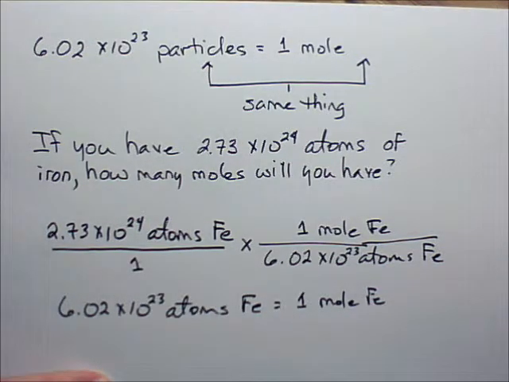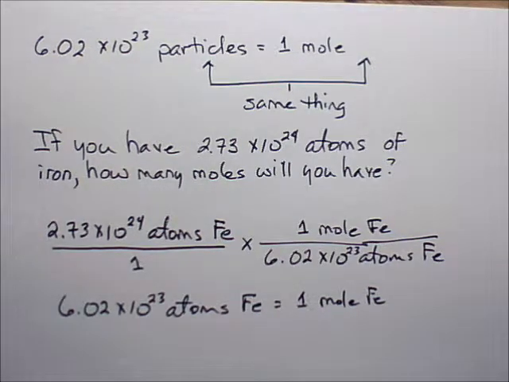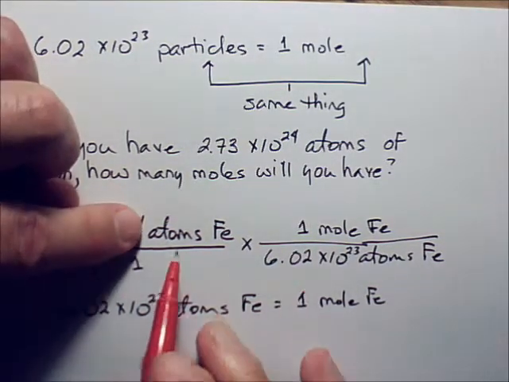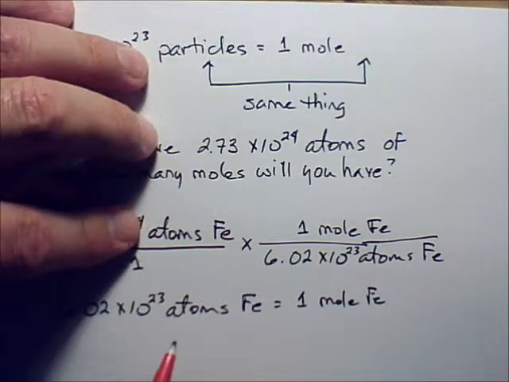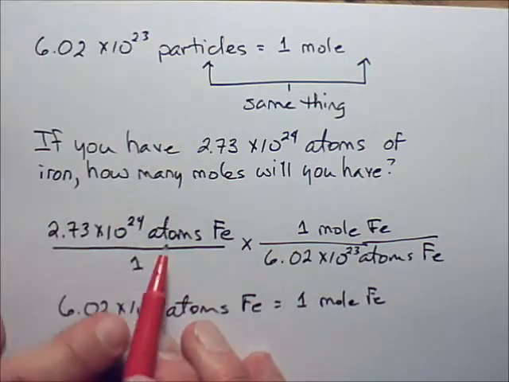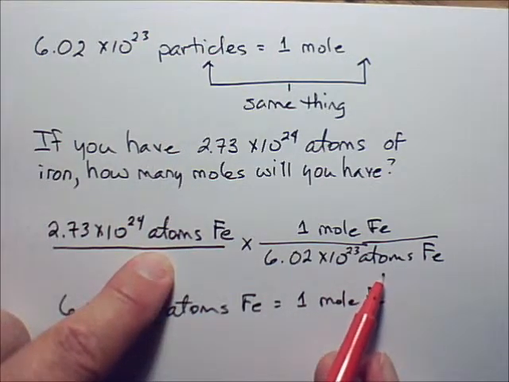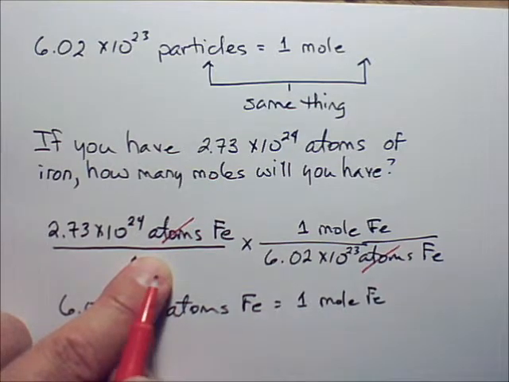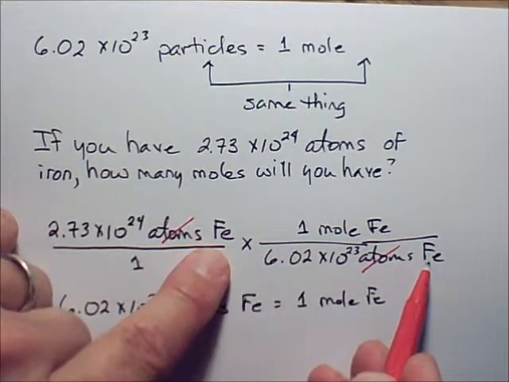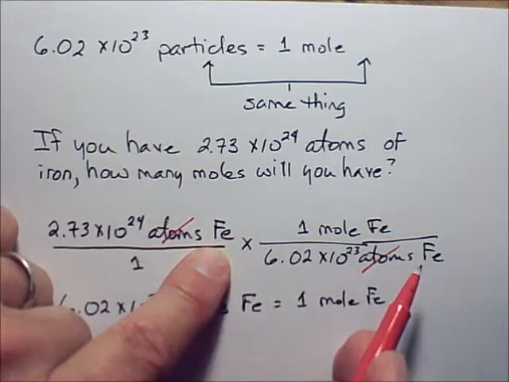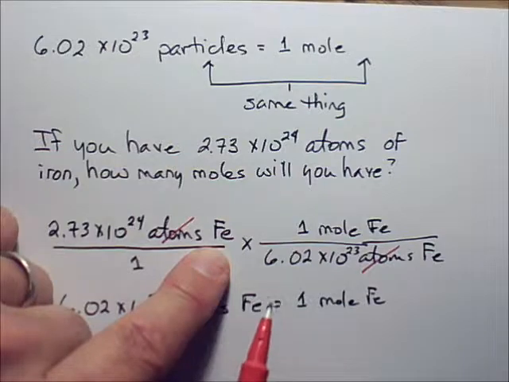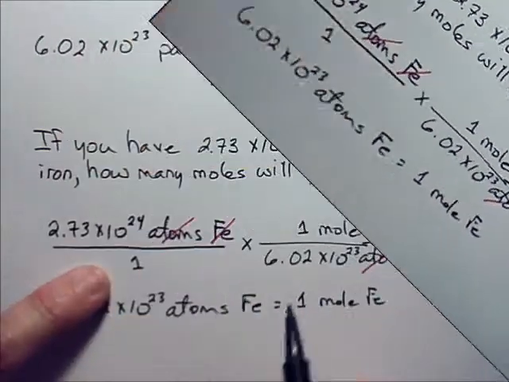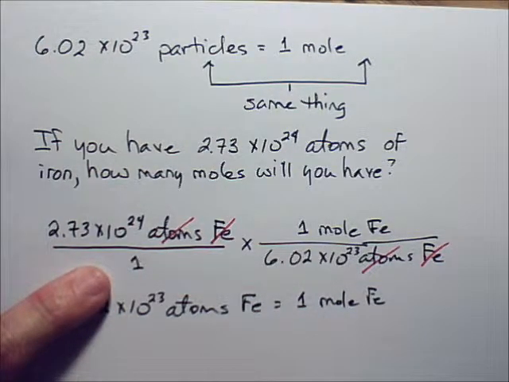If you have set it up properly, you should be able to cancel anything that's exactly alike on the top and bottom of adjacent fractions. So atoms are on the top here and atoms on the bottom here. Those can cancel. You should be able to cancel species that are the same on the top and bottom in adjacent fractions, or in the same problem, really. So iron can cancel. So now we're ready to do the math.